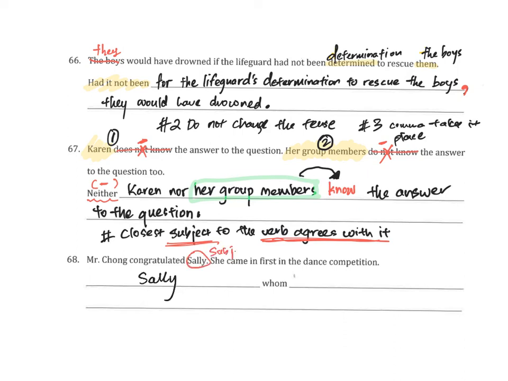Sally is the subject here. So Sally, whom Mr. Chong congratulated, comma. Oh, no, actually, there shouldn't be a comma there, right?